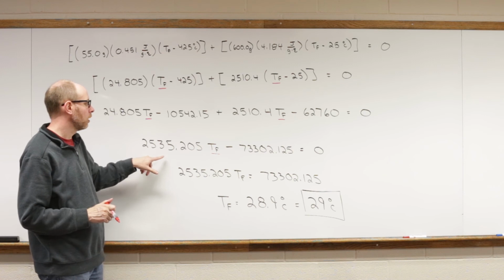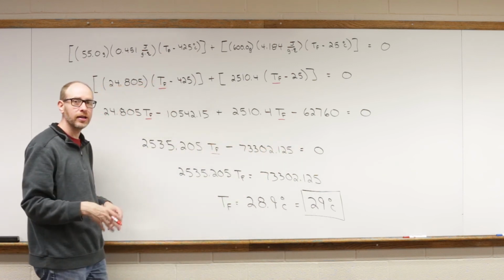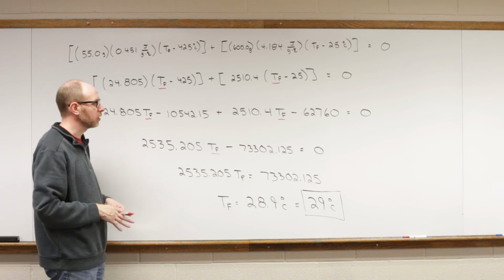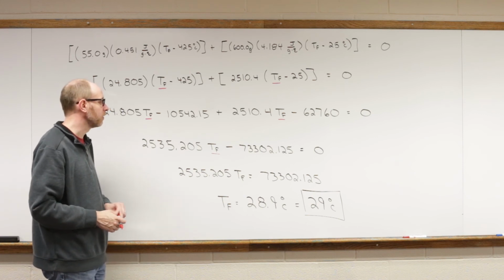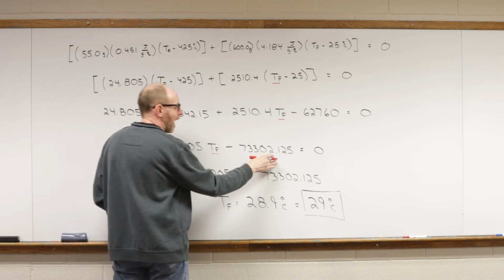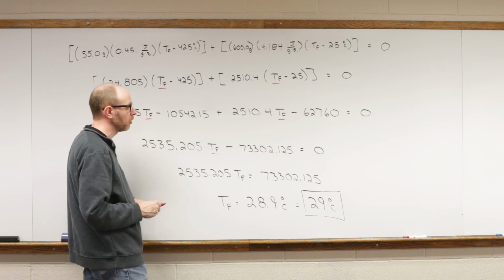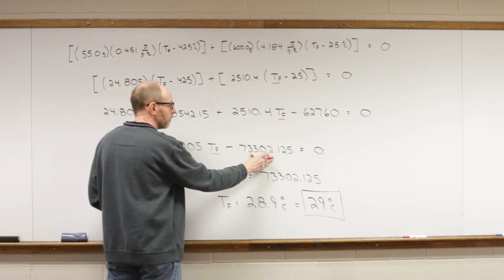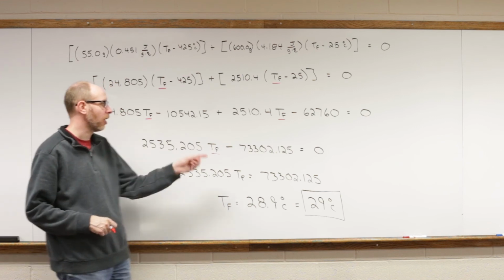Next step, well, what I want to do is I want to get all the numbers on one side, all the variables on the other, so then I can solve for the answer, solve for the value of that particular variable by dividing. So I'm going to add 73,302.125 to both sides. So it gets rid of it on the left-hand side, and it ends up on the right-hand side as a positive number.